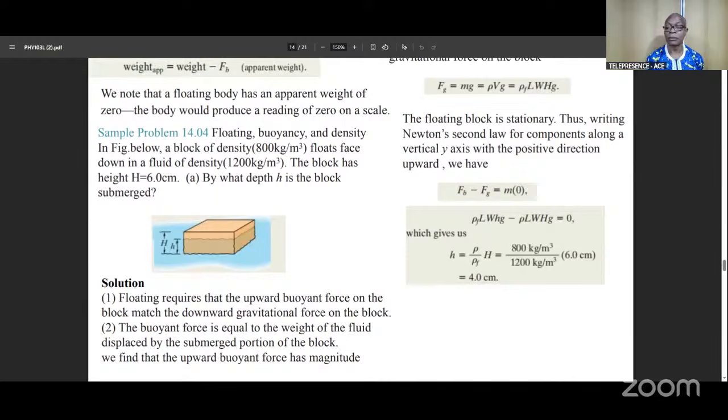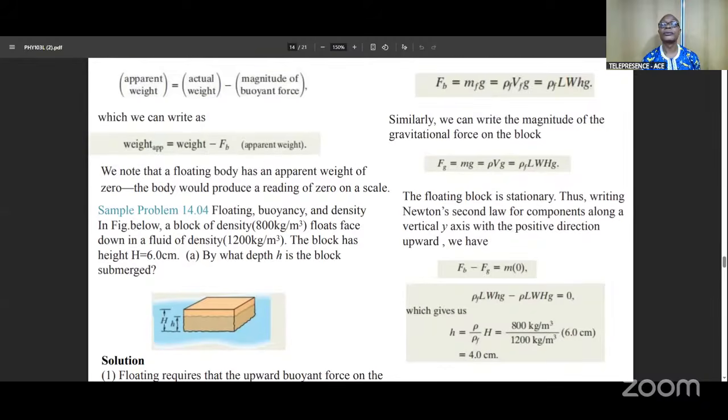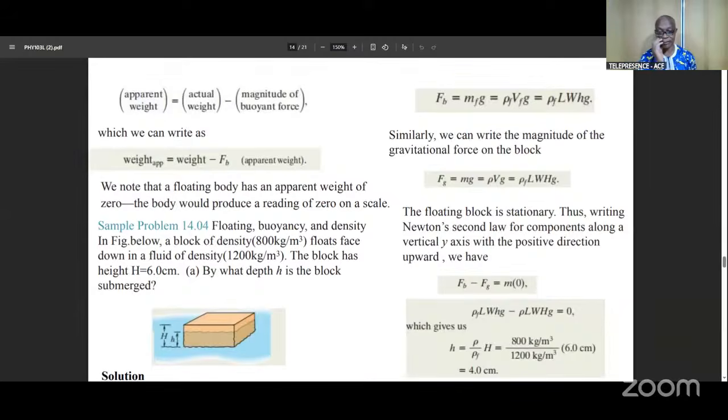So, by flotation, we require that the upward buoyant force on the block match the downward gravitational force on the block. Also, the buoyant force is equal to the weight of the fluid displaced by the submerged portion of the block. We also find that the upward buoyant force has a magnitude which we can write as that.